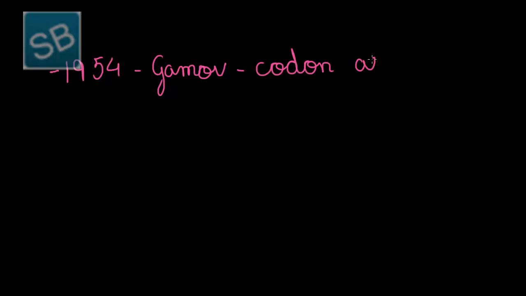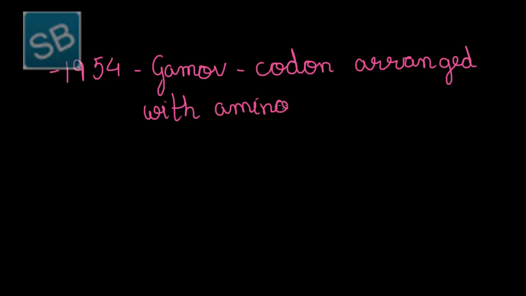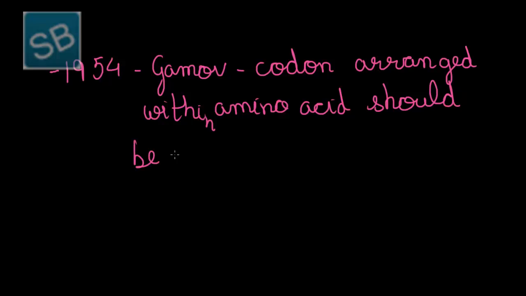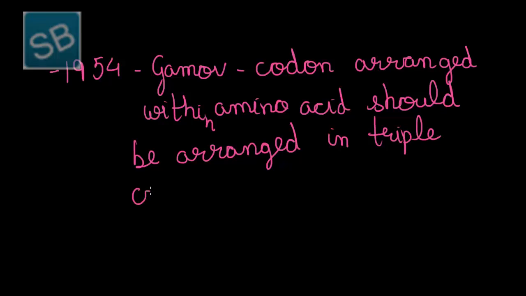So, later in 1954, a scientist named Gamow suggested that the codon arrangement within the amino acid should be arranged in a triple code manner, that is, should be in the form of triplet codon.